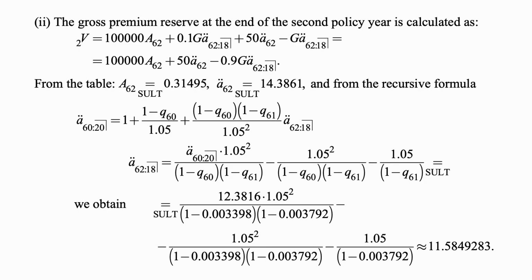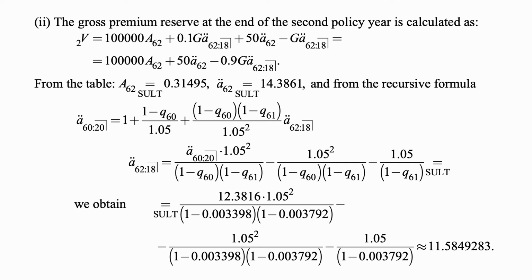For Part 2, the gross premium reserve at the end of the second policy year is calculated as actuarial present value of future benefits plus actuarial present value of future expenses, both percentage of premium, and the fixed one, 50 A double dot 62, because the person is now 62, minus actuarial present value of future premiums, which are only paid for the first 20 years of policy.